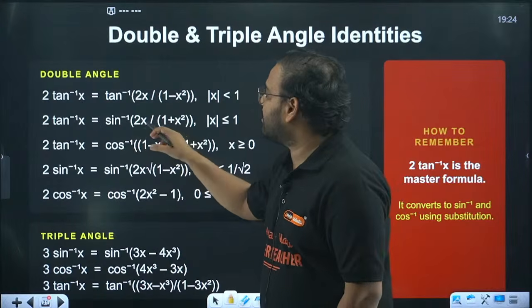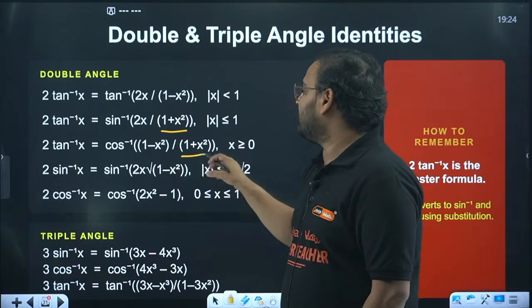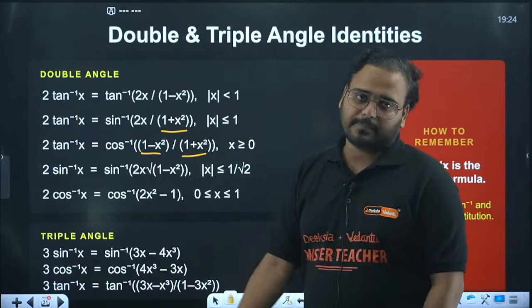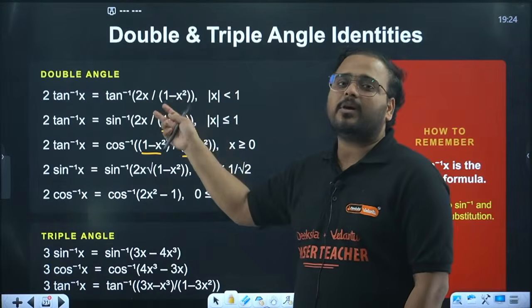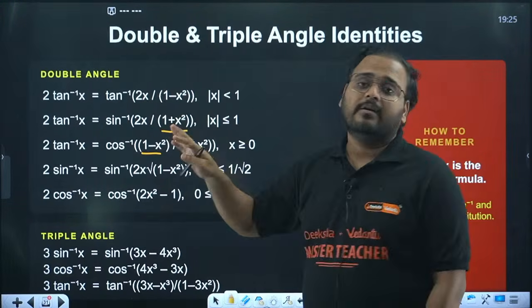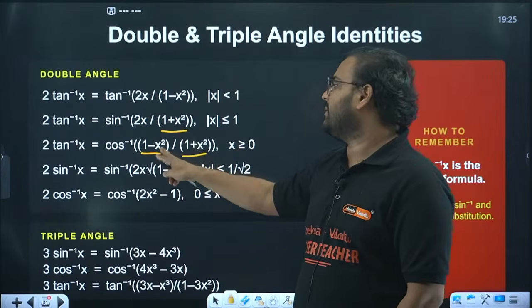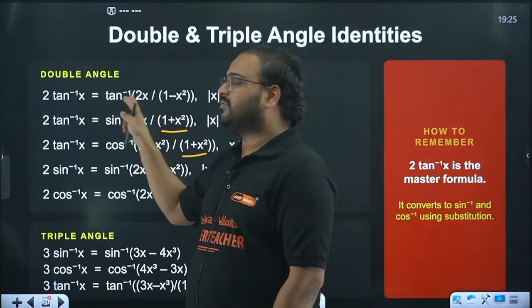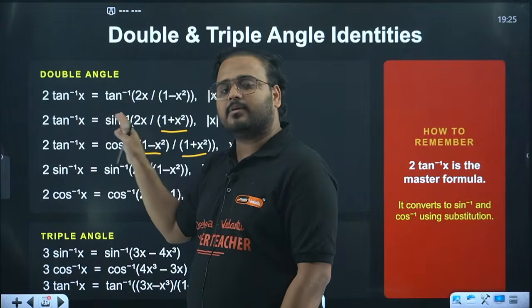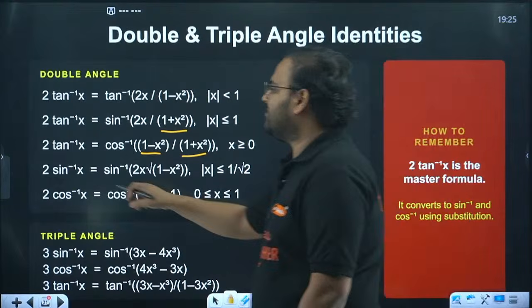In sine inverse it is 2x upon 1 plus x square. And in cos inverse it is 1 plus x square in the denominator, and the numerator will be 1 minus x square because of the ratio, of course. So in terms of tan, 2x upon 1 minus x square. Sine inverse, 2x upon 1 plus x square, and cos inverse, 1 minus x square upon 1 plus x square. Okay, this is the sine inverse formula.